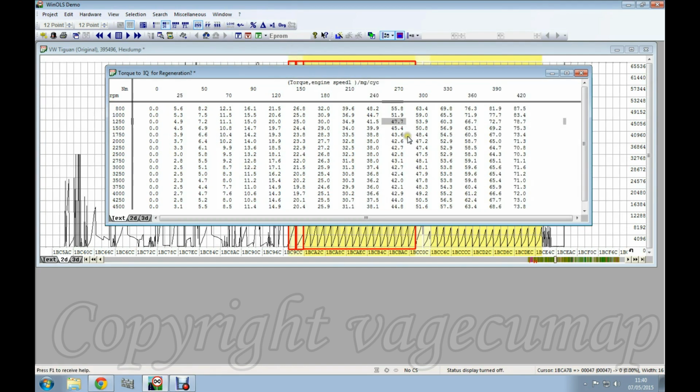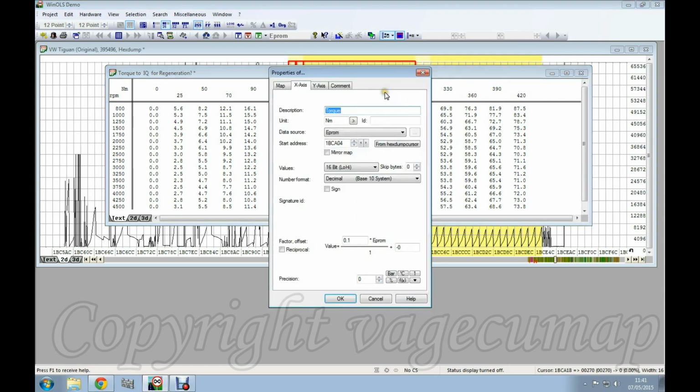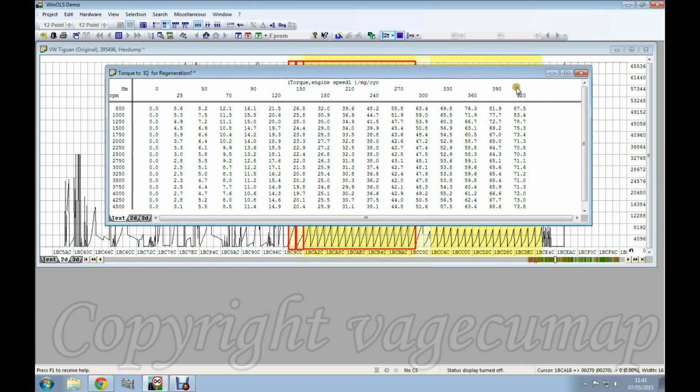So the chances are that this will be either injection quantity or torque, and as this is probably the torque to injection quantity map, then these values will be torque. And as before, if I click on there, the factor is 0.1, so we've got torque in Newton meters with a factor of 0.1, which gives us our maximum torque up to 420.